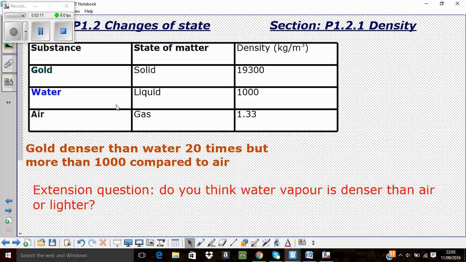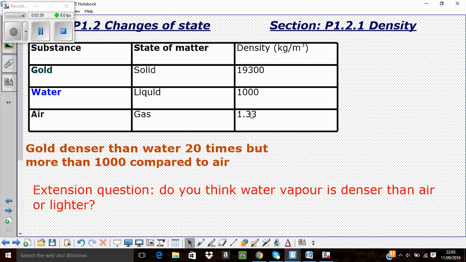If we look at the table above, we see that there are three substances, one in a solid state, one in a liquid state, and one in a gas state. If we look at the gold, which has very high density, 19,300 kilograms per cubic meter. Now the water is only 1,000, so it's a bit of a difference from the gold to the water.